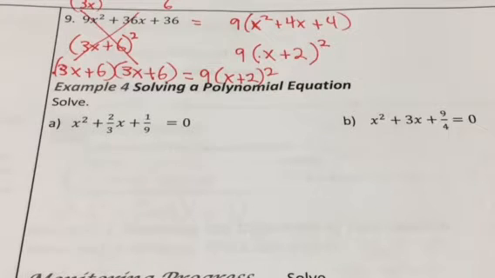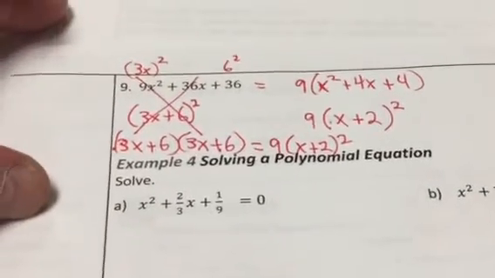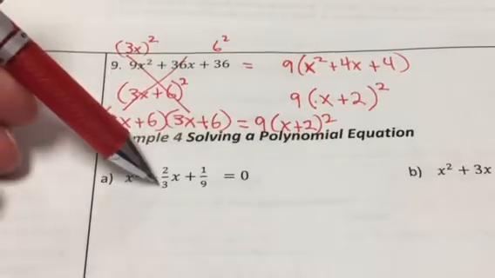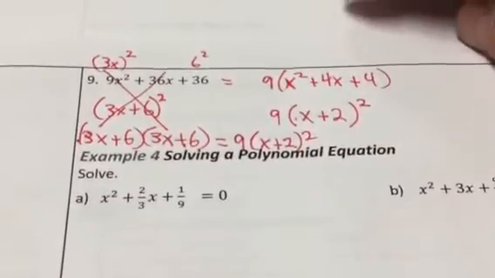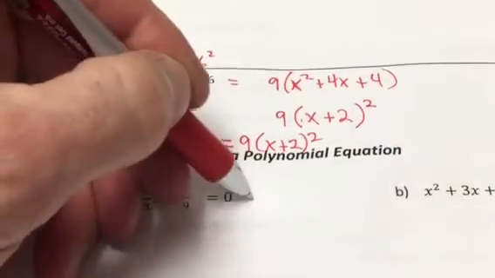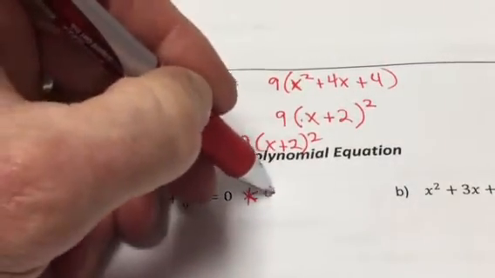Perhaps you've learned this before, perhaps not, but if you dislike fractions, both of these will be much easier to do if we do what's called clearing them of fractions, which is to multiply everything by the common denominator. So the common denominator for 3 and 9 would be 9. So we're going to multiply everything in the equation by 9.